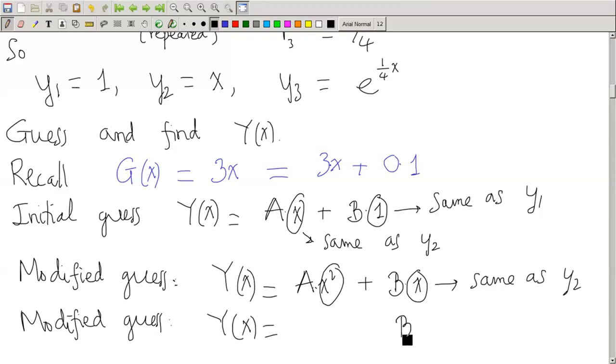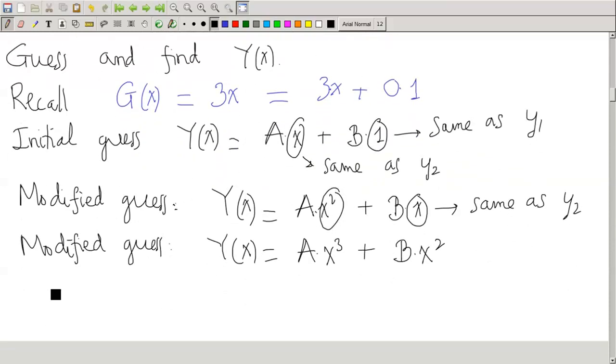Here we need to modify by multiplying by x, we get bx squared. And of course, as in the previous topic, when we multiply this by x, we need to do the same thing here. Have domino effect. Otherwise, we would have the same term, right? So we should have a times x cubed. And now the new guess will work because x cubed and x squared do not appear as y1, y2, or y3.